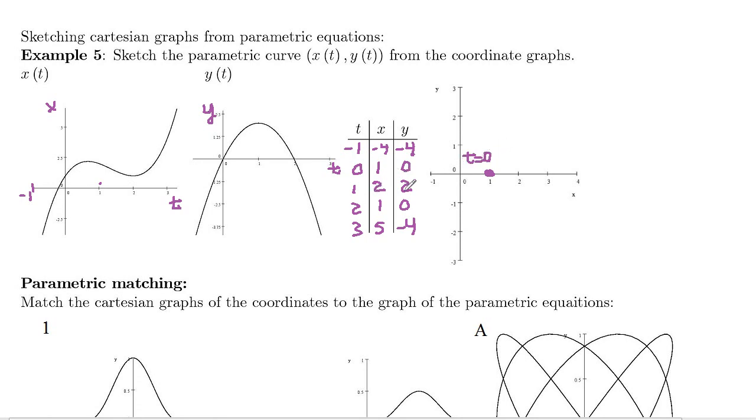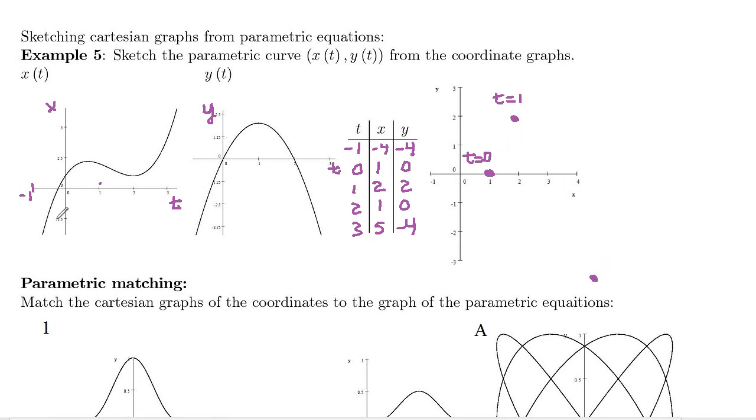When t is 1, we're at the point (2, 2), so it's right there. When t is 2, we're at (1, 0). So we're back at this point here. And then when t is 3, we're at (5, -4). So (5, -4) would be about down here.